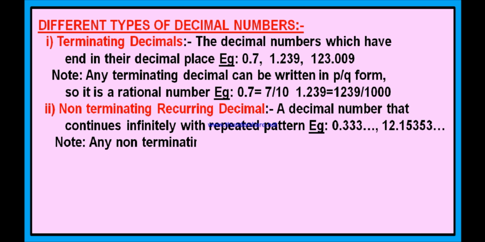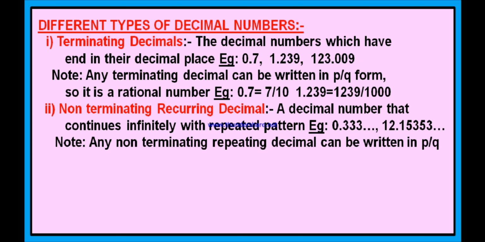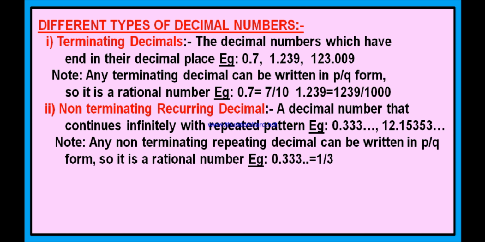Now, note, any non-terminating repeating decimal can also be written in the form of p by q. You can write every non-terminating recurring decimal as a fraction in the form of p by q. As it is written in the form of p by q, you can call it a rational number. It also comes under rational numbers. For example, 0.3333 and so on. This can be written in the form of p by q.